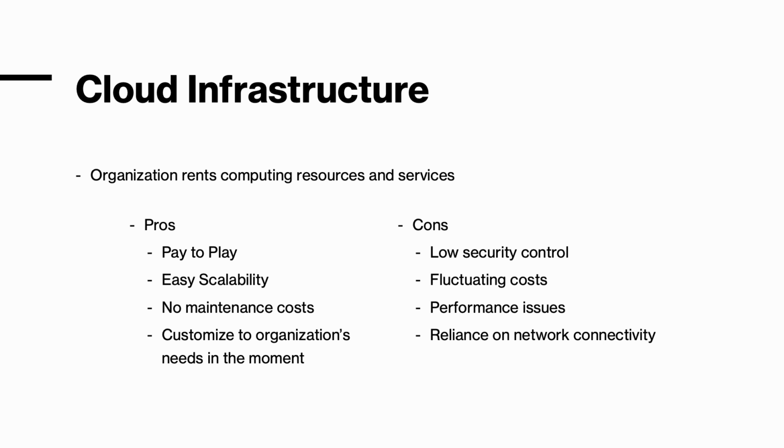You pay for what services you use. This can be really easy scalability, as if you need more services, more storage, more bandwidth, you simply pay more for what you're using. And if it's slow, you can pay less for the fewer services you'll use.